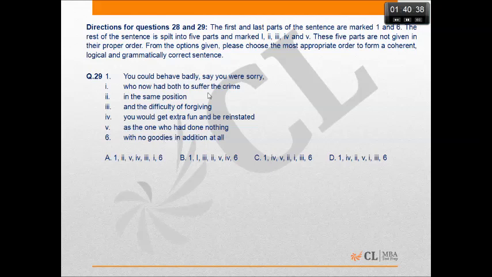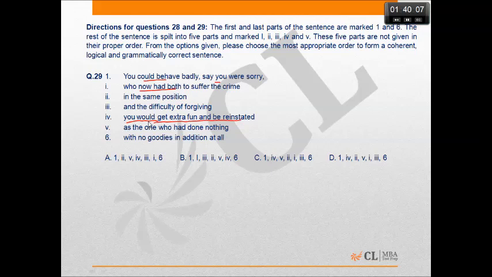29. You could behave badly, say you are sorry. Now, who now had to suffer the crime in the same position and the difficulty of forgiving? You will get extra fun and be reinstated as the one who had nothing, with no goodies in addition at all. You would get extra fun and be reinstated. You could behave badly, say you are sorry.